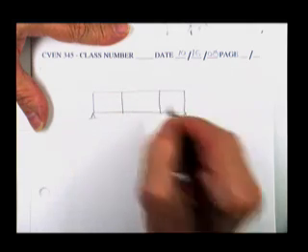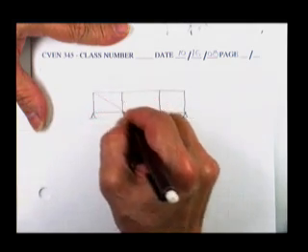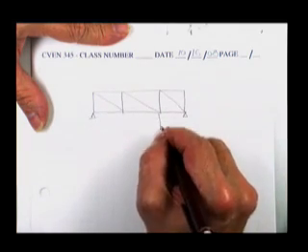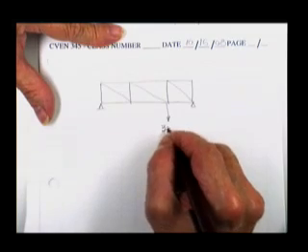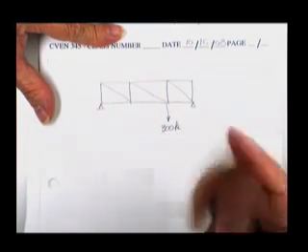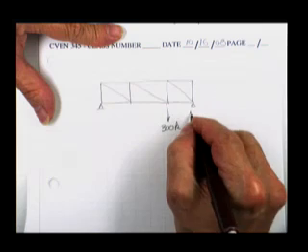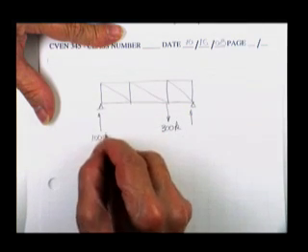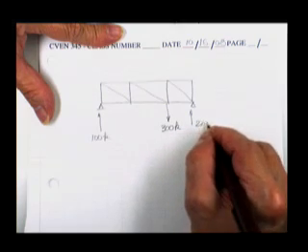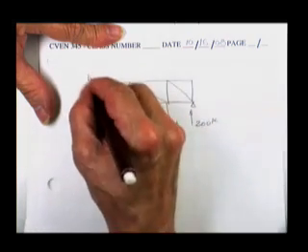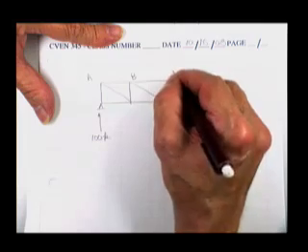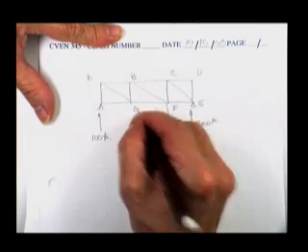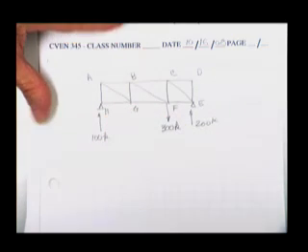Well, every time I add a bar, of course, it causes more calculations. Here it is loaded with 300 kips. I'll give you the reactions. 100 kips on this end, 200 kips on that end. Here's A, B, C, D, E, F, G, H.